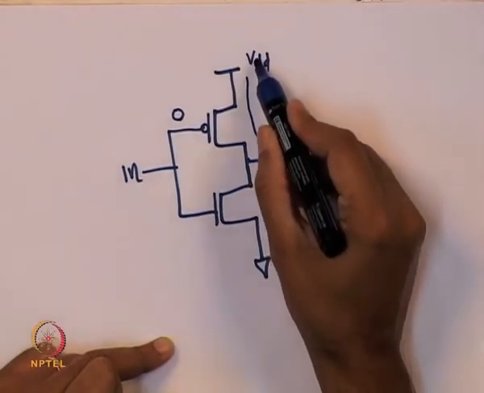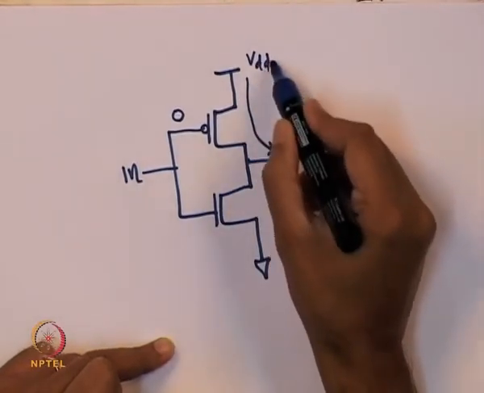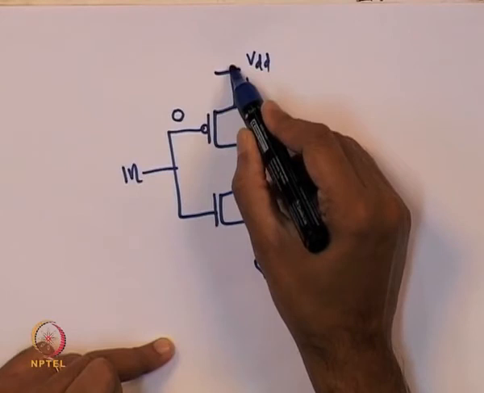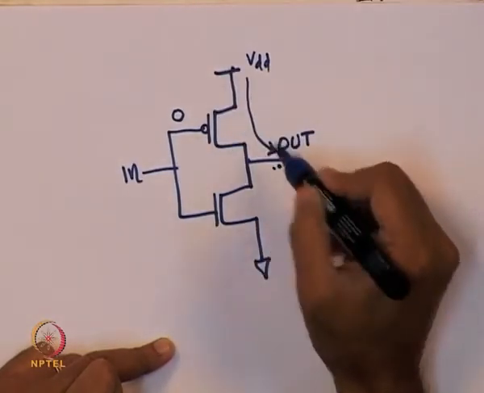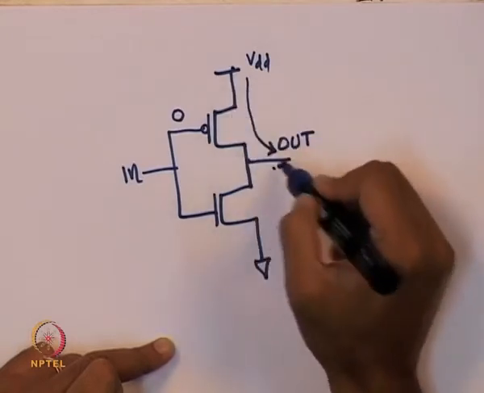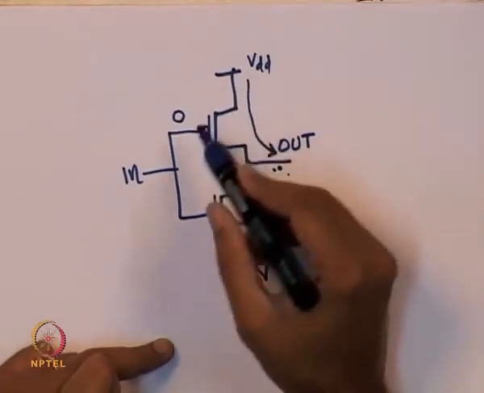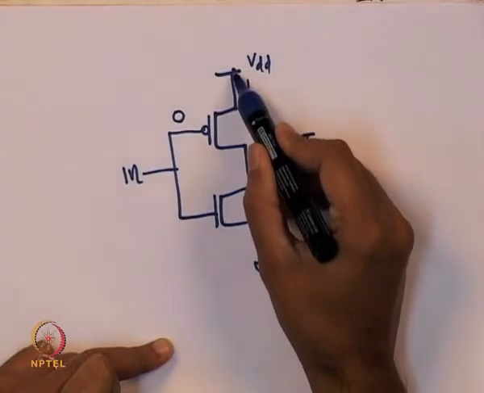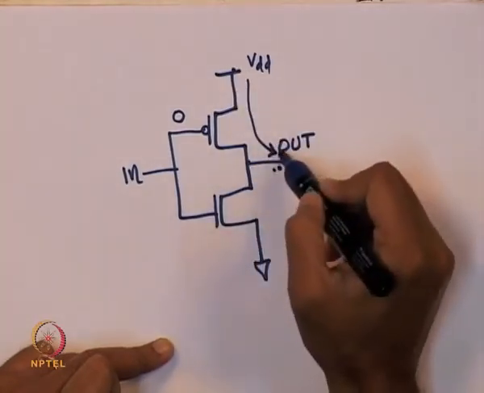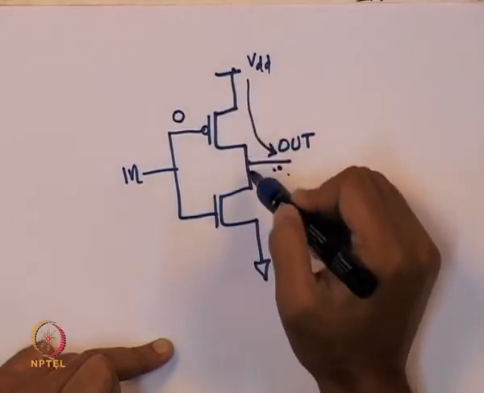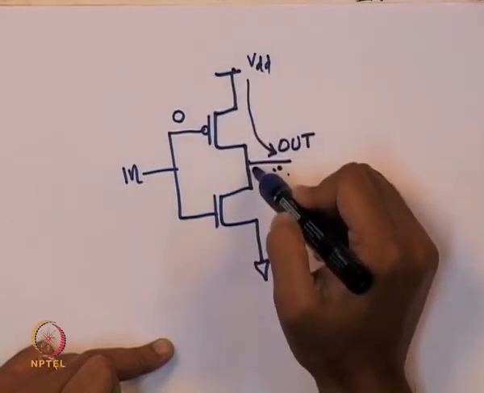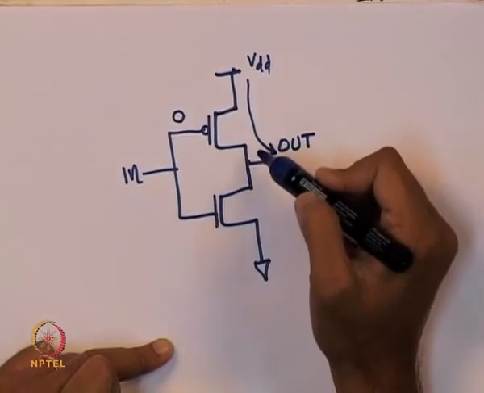So, whatever you have VDD as here, once the potential difference between this terminal, namely the source terminal, and the drain terminal is 0, there will be no more conduction. So, if there is no more conduction, then there is no electron or hole that is going to be passing here. If there is no transfer of electrons, then you do not have any current.